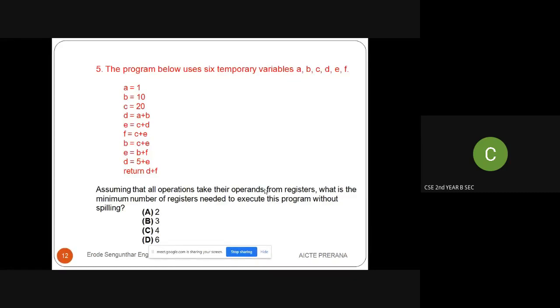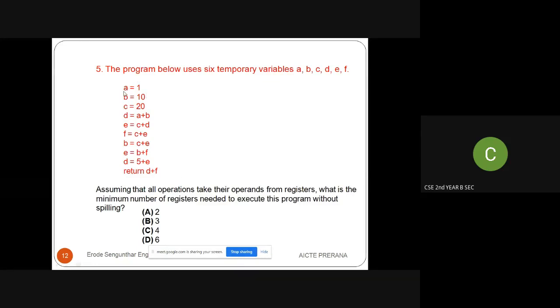While processing that, we need temporary variables, which is called temp: T is equal to A, A is equal to B, B is equal to T. Likewise, here they are using six different temporary variables: A, B, C, D, E, and F. Just analyze this set of instructions.